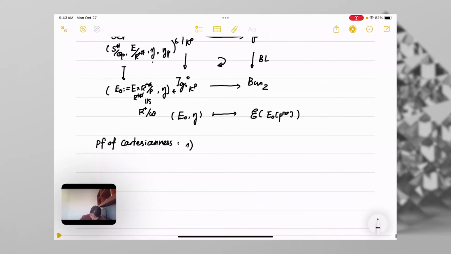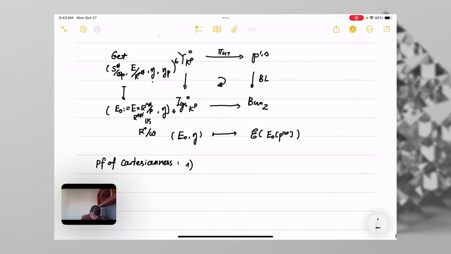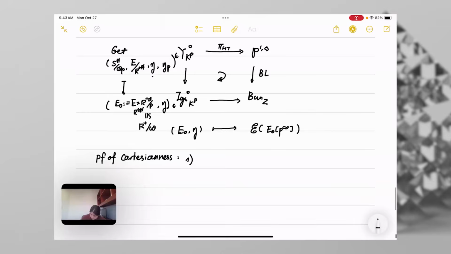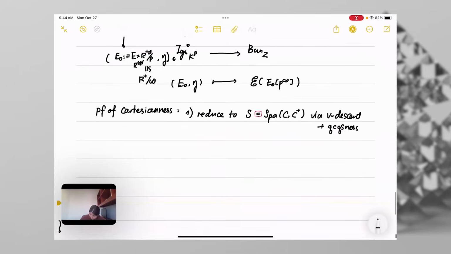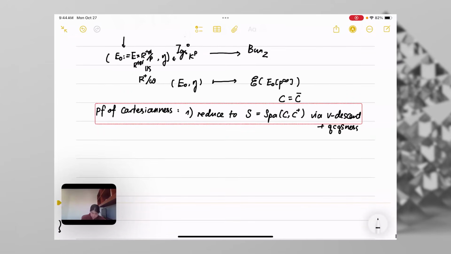And from there, using quasi-compactness of the Hodge-Tate period map on the good reduction locus, versus some properness of P^1, you can further reduce to the case where the test object S is just a single point. So even a single geometric point, so C is algebraically closed.